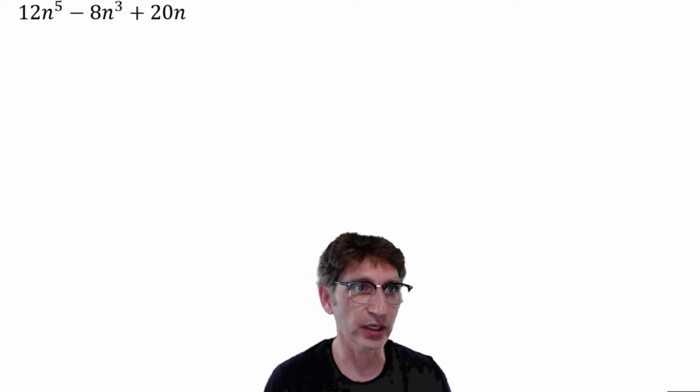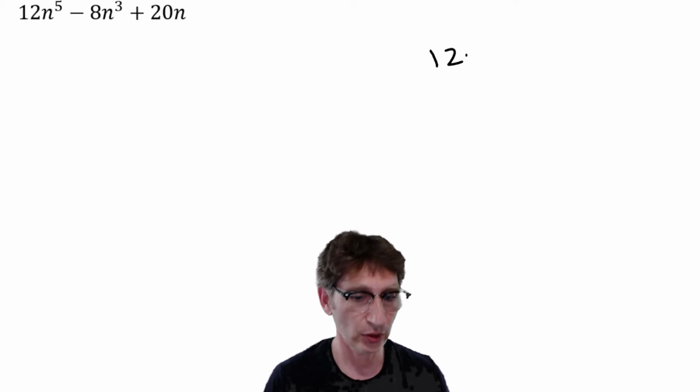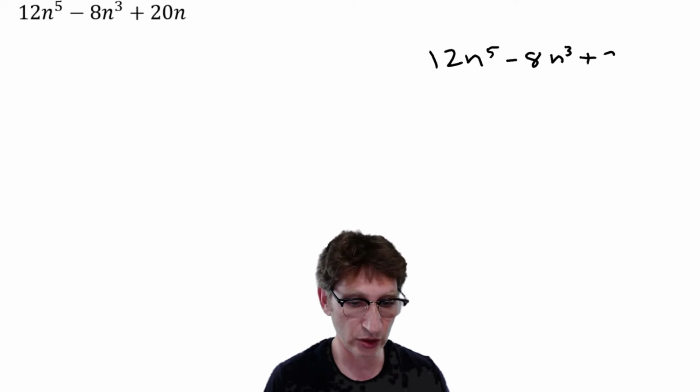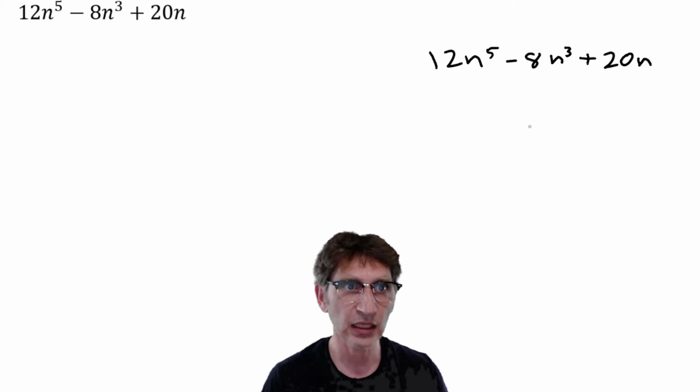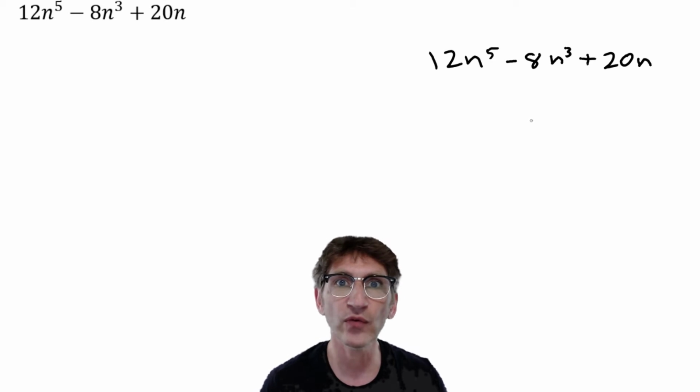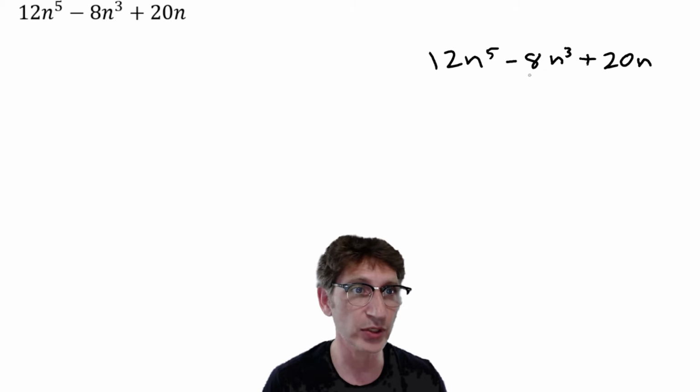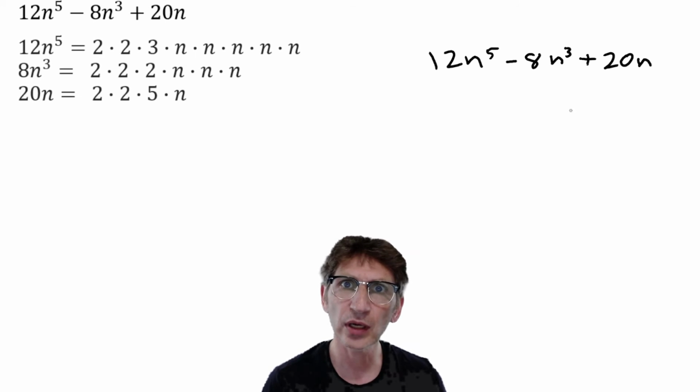In this next one, we have a polynomial with 3 terms. We've got 12n to the fifth minus 8n cubed plus 20n. Let's consider the coefficients first, the numerical portions. 12, 8, 20. What number goes into each of those evenly?